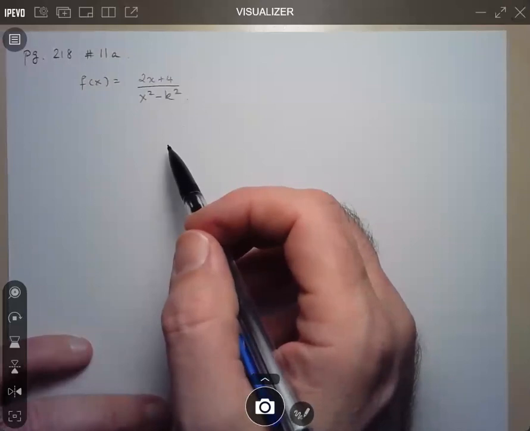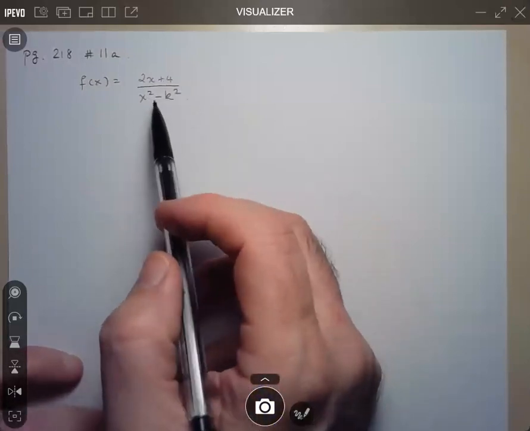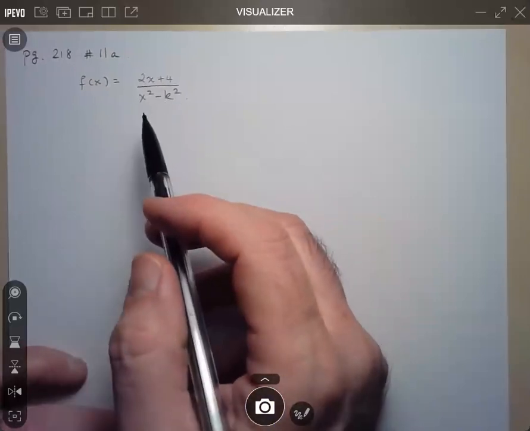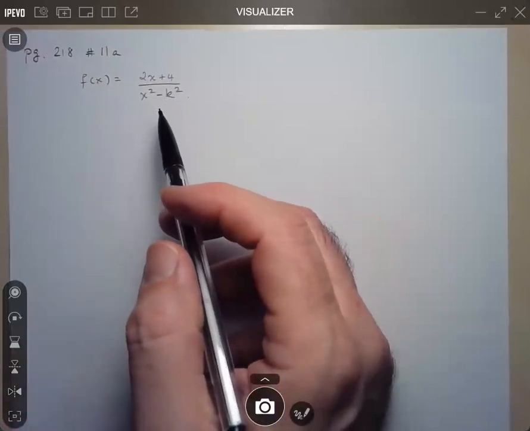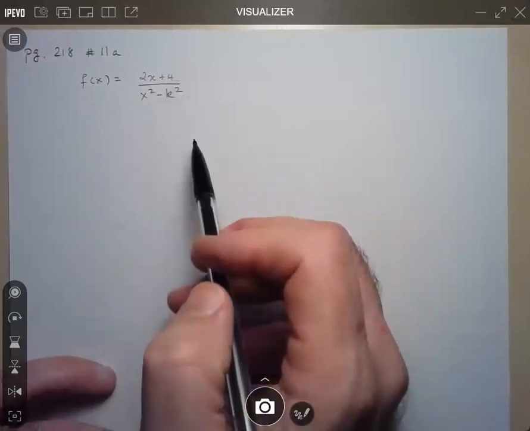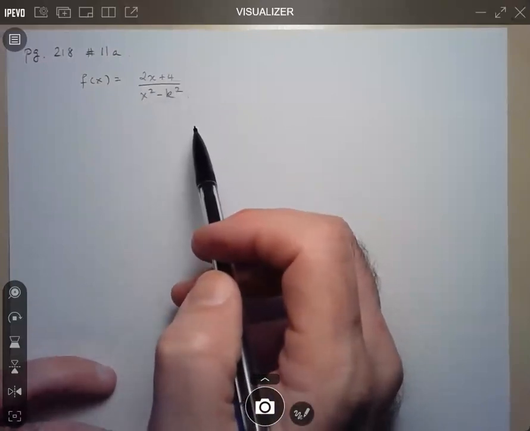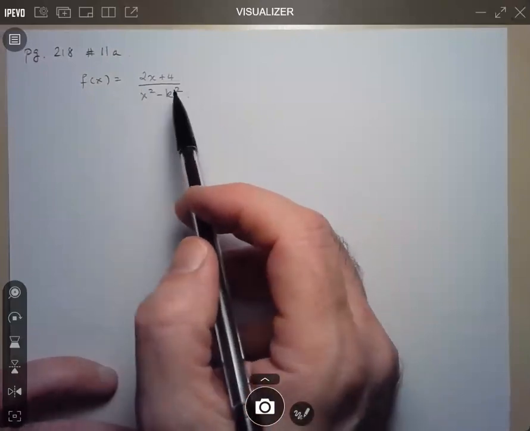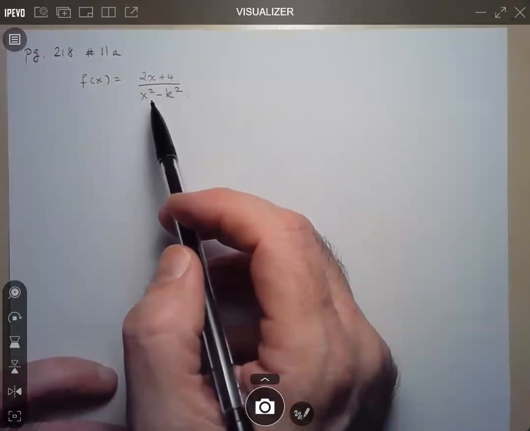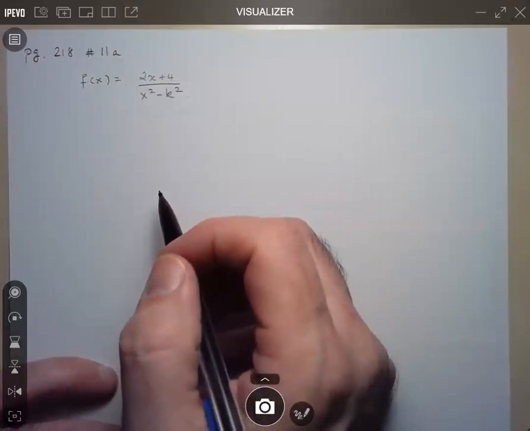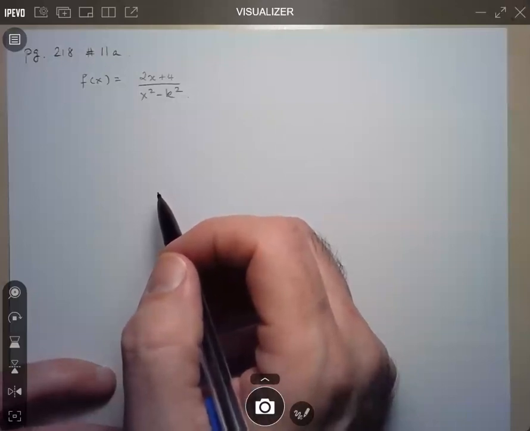Now, one thing about rational functions is that they are differentiable everywhere they're defined, something we would have talked about earlier on. Obviously there are values at which we may have vertical asymptotes, but otherwise they are smooth functions wherever they're defined. So we don't have to worry about where the first derivative doesn't exist, but we do have to worry about where the first derivative is equal to 0.